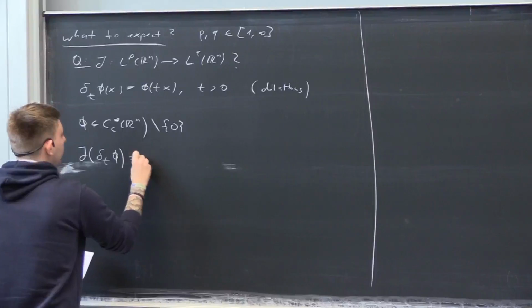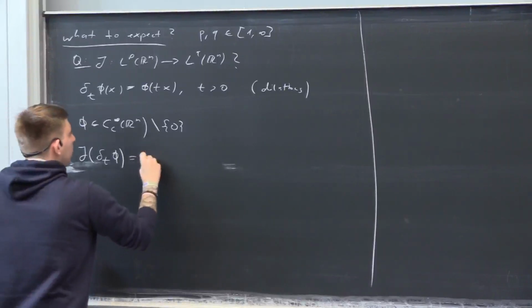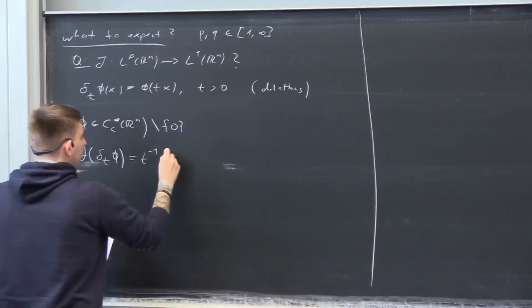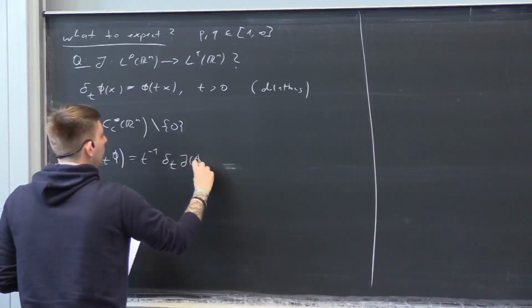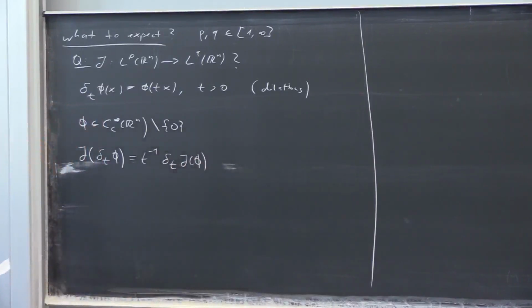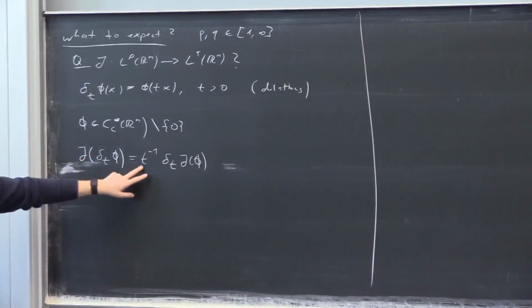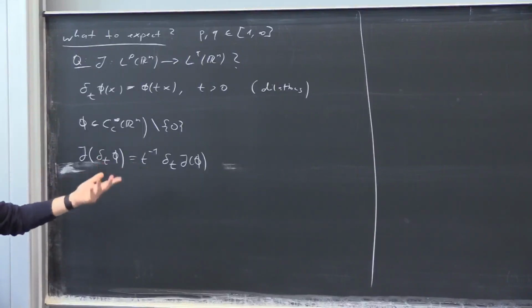But you will find that this is exactly t to the minus 1 times the dilation applied to J phi. So you see, J and this dilation don't directly commute. They only commute up to this additional blow-up factor that comes from the scaling.